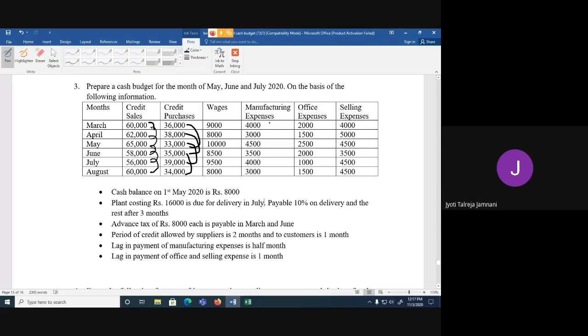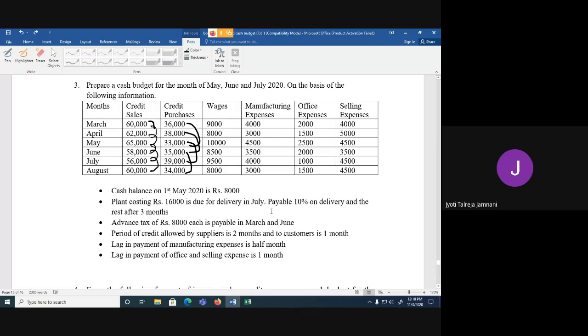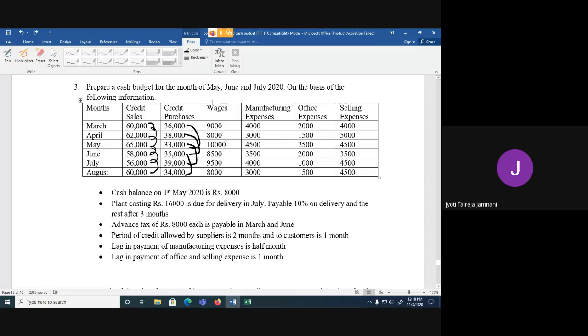So out of this 4,000, 2,000 rupees you will receive in the month of March only, and the remaining 2,000 you will receive in April. So March month manufacturing expenses, half in March, half in April. We are not preparing cash budget for March, April, so we are not recording it.